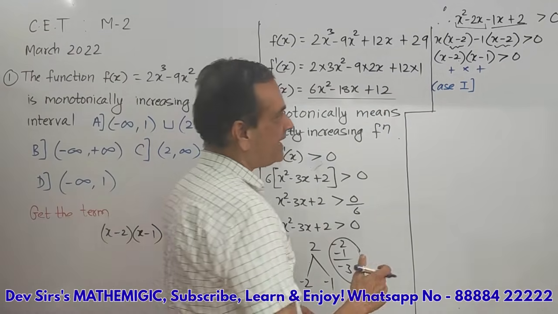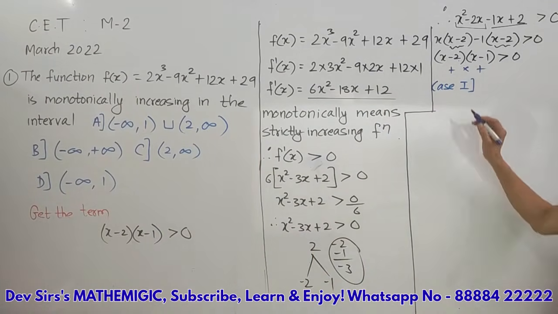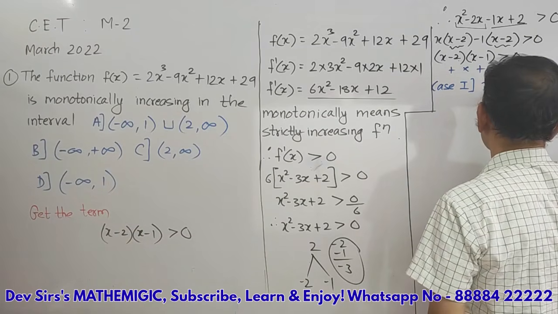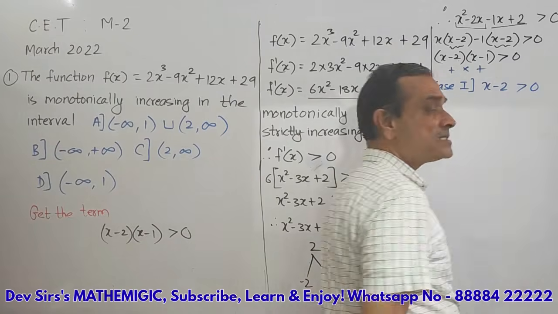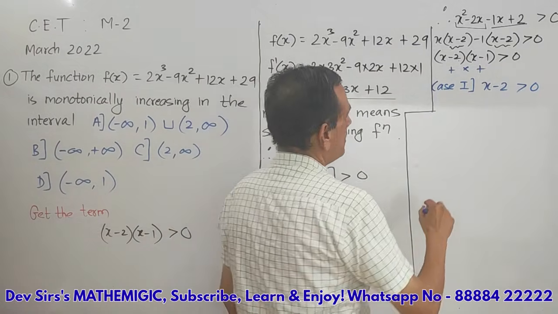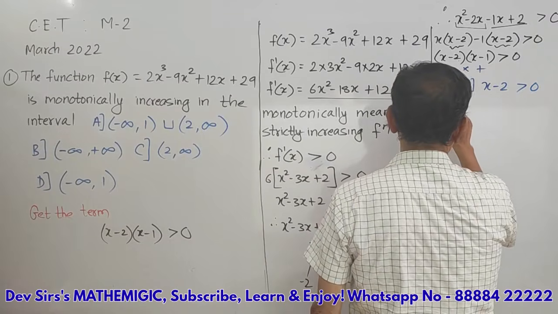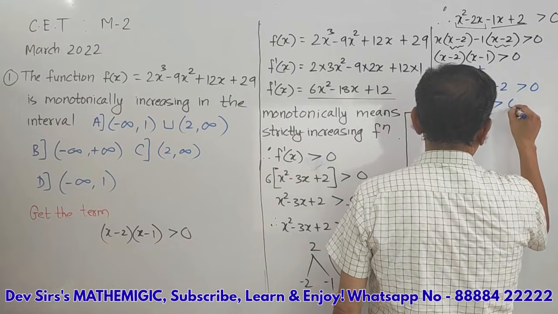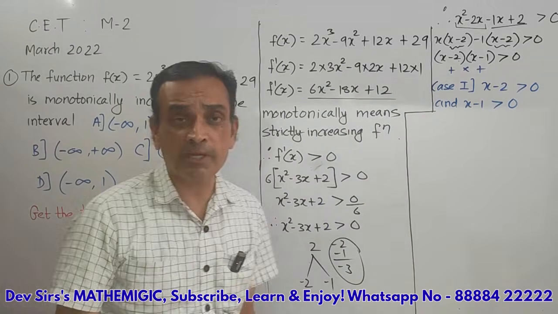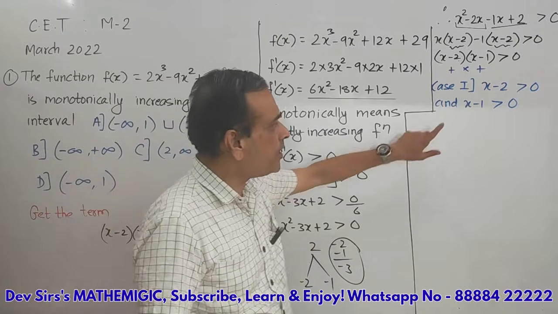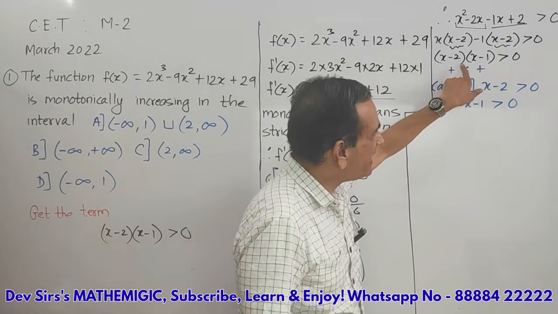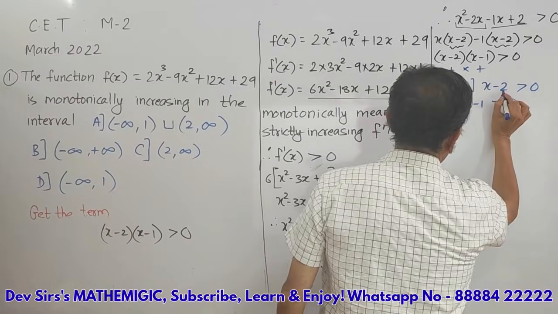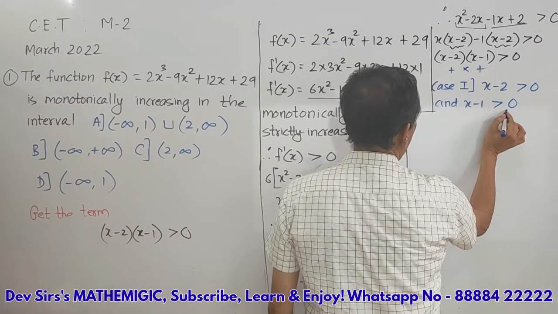Okay, so case 1 I am taking x minus 2 greater than 0. Positive means greater than 0. And x minus 1 also greater than 0. Now keep in mind, there is no other term in between. First bracket is positive and second bracket is positive. So x minus 2 is positive and x minus 1 is positive.